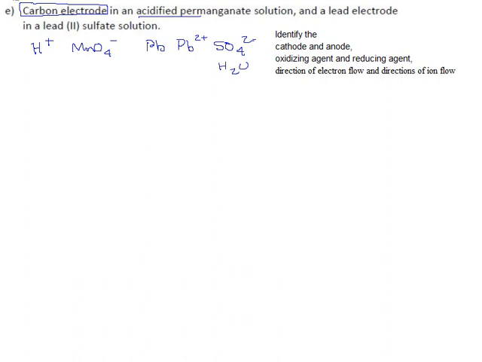So we have the acid permanganate, MnO4 minus, and 8 hydrogen, and 5 electrons. Converts to manganese 2 and 4 water.